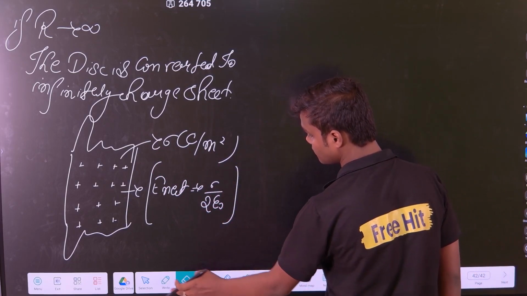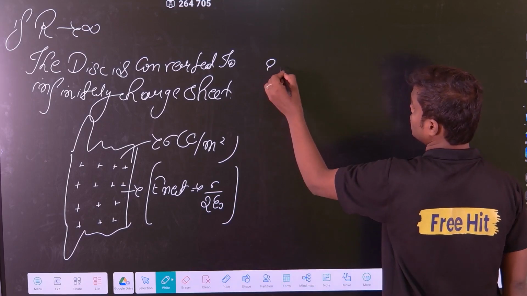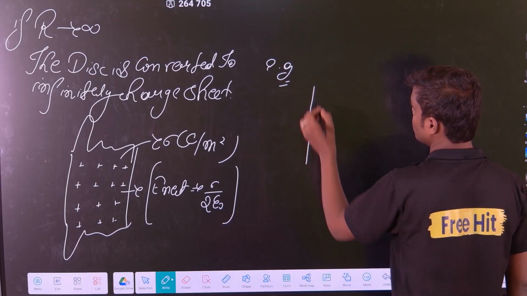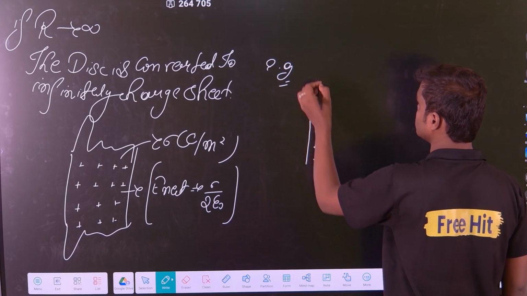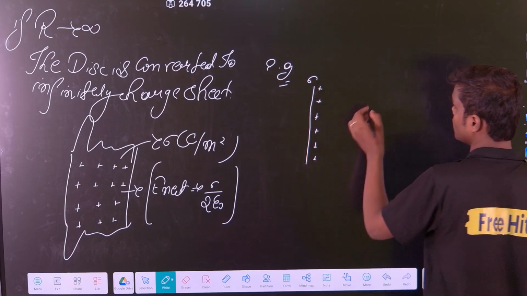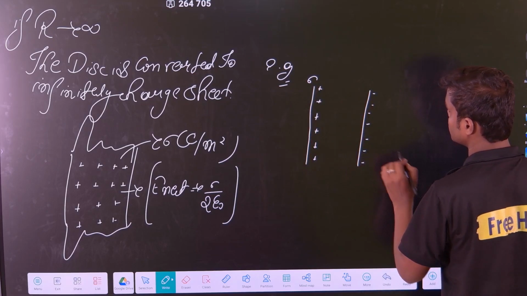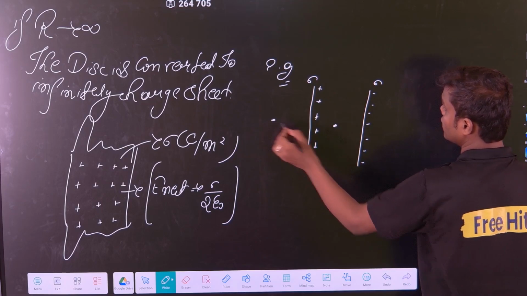For example, let us take one example. Suppose we have one plate, that is a positive charge, infinite charge plate, with charge density plus sigma, and we have another infinite charge plate which has charge density minus sigma. Okay, you have to find the electric field here.